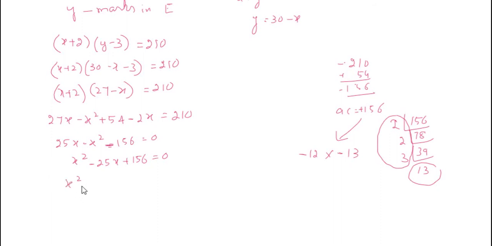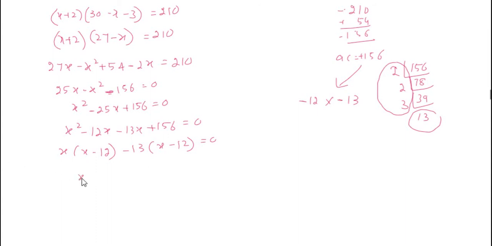x square minus 12x minus 13x plus 156 equal to 0. x into x minus 12 minus 13 into x minus 12 equal to 0.